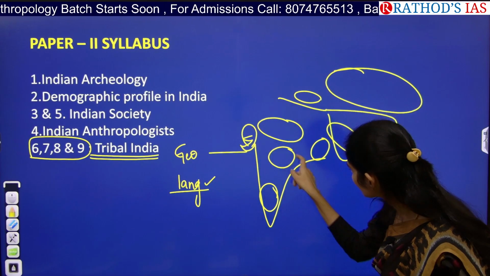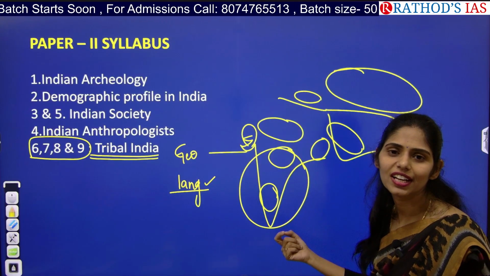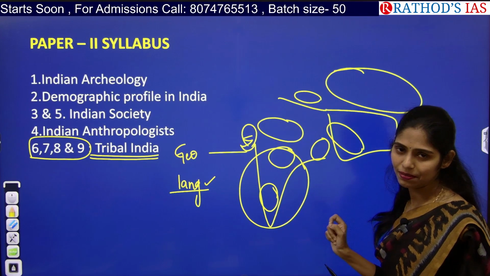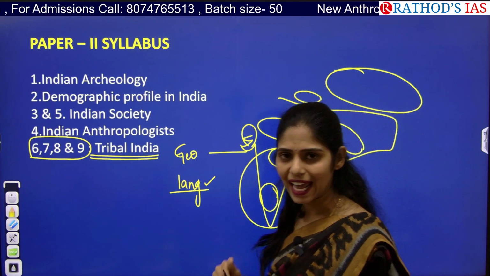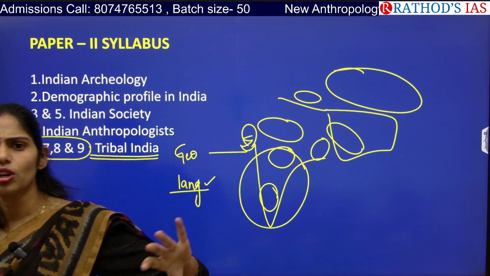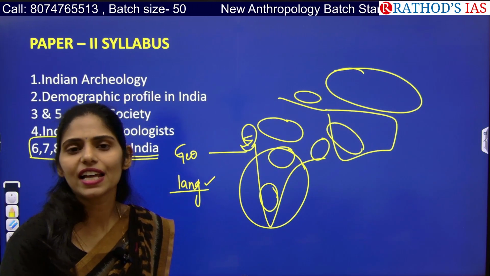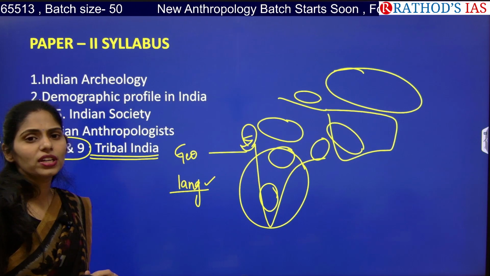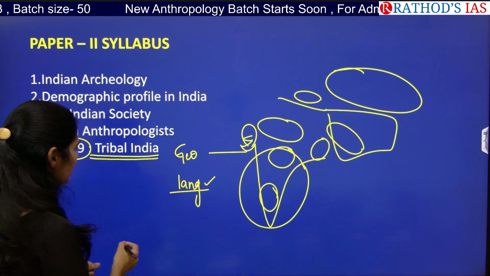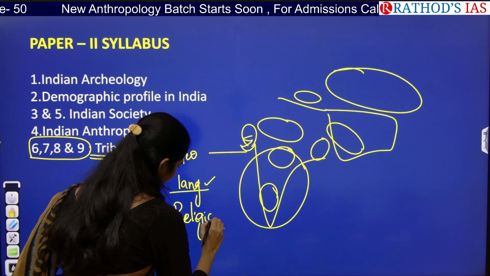For example, South Indian tribes speak Dravidian language, and then there are Tibeto-Burman tribes and Indo-Aryan language tribes, right? So based on the region and the language, we can even classify the tribes. Okay?